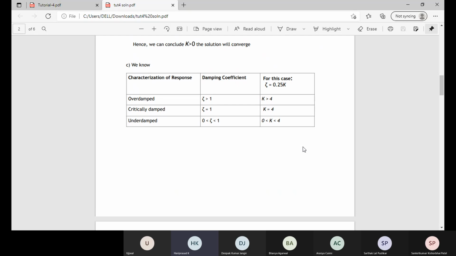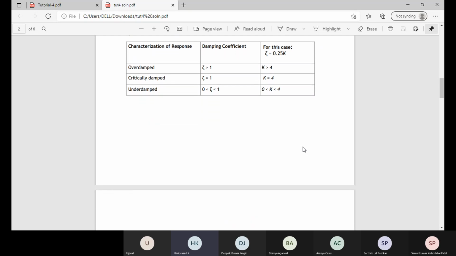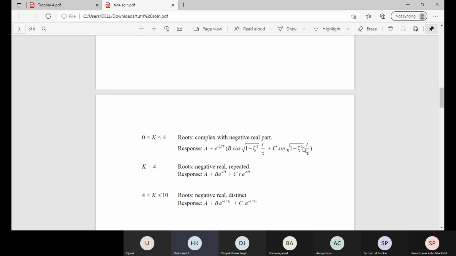For overdamped, zeta should be greater than 1. Since it is 0.25 k, k should be greater than 4. For critically damped, zeta should be equal to 1, which essentially means that k should be equal to 4, and k should be between 0 and 4 to make it underdamped. So it's a very straightforward question.